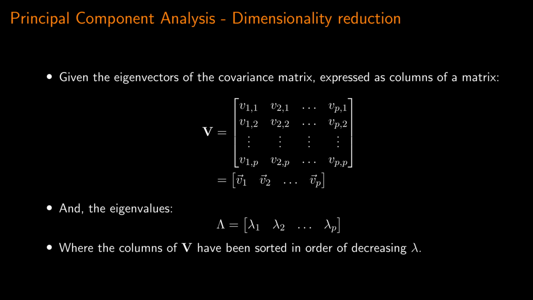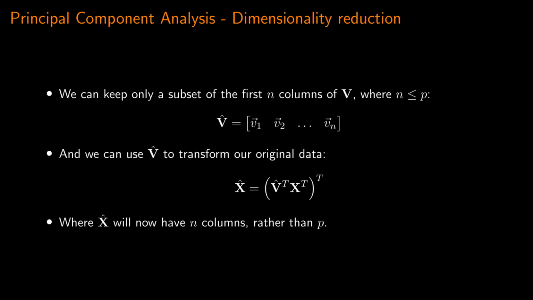So we end up with the eigenvector that corresponds to the largest eigenvalue in the first column of V, followed by the eigenvector corresponding to the second largest eigenvalue in the second column, and so on until we build up V. Okay. We then keep only n columns of V, where n is less than or equal to p and represents the number of dimensions that we want our result to have.